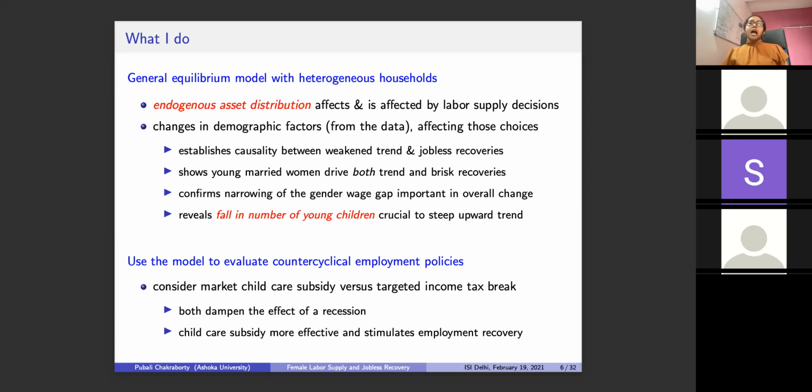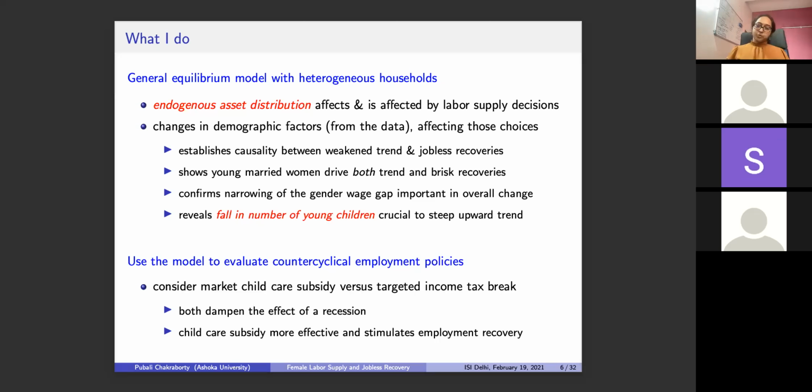Now, I show that consistent with what I find in the data, even in my model, this is driven by young married women with children who are driving both the trend as well as the brisk recoveries. And then when I compare the relative contribution of these 4 different demographic factors that also changed over time, I find that as far as the overall change is concerned, the narrowing of the gender wage gap is important.